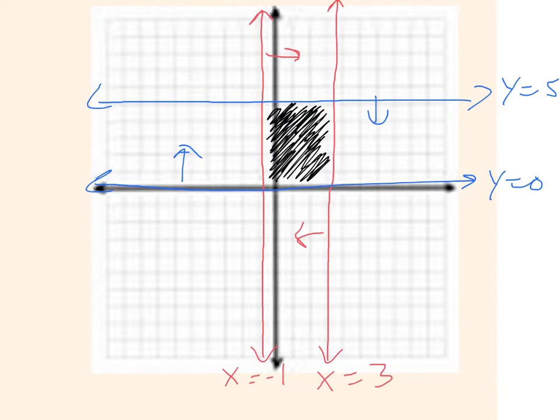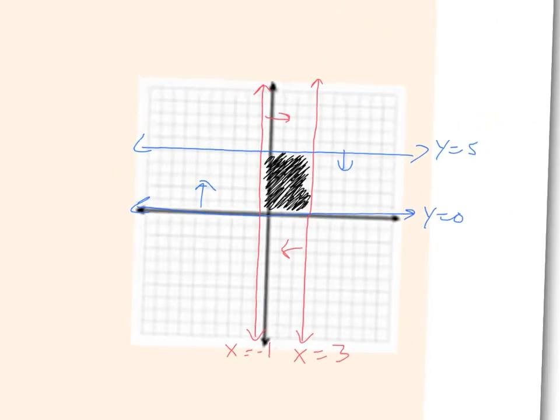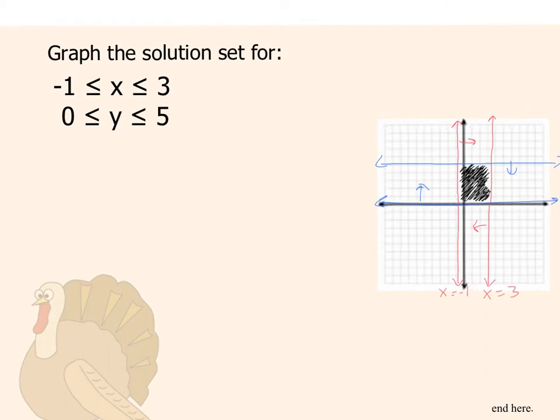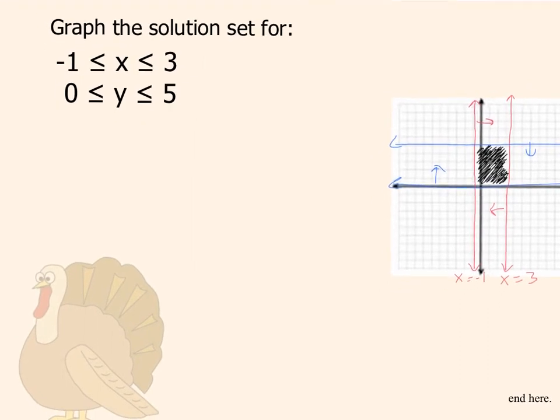All the points that are solutions to both of the inequalities. The first one being x is greater than or equal to negative 1 and less than or equal to 3. And y is greater than or equal to 0, but less than or equal to 5.